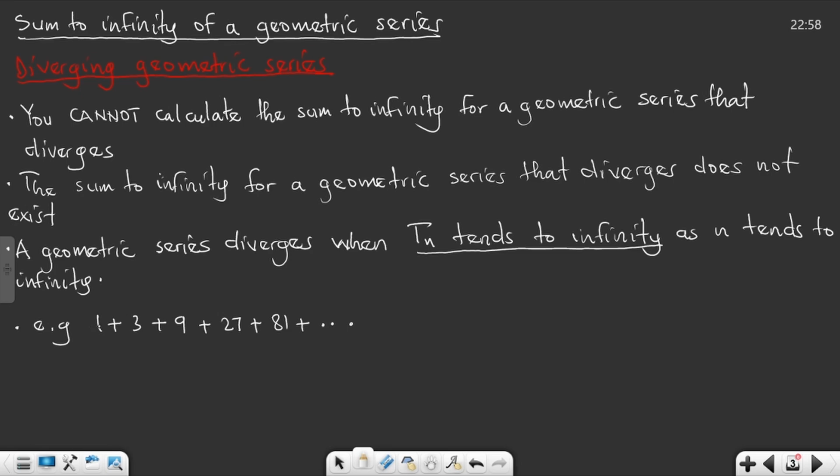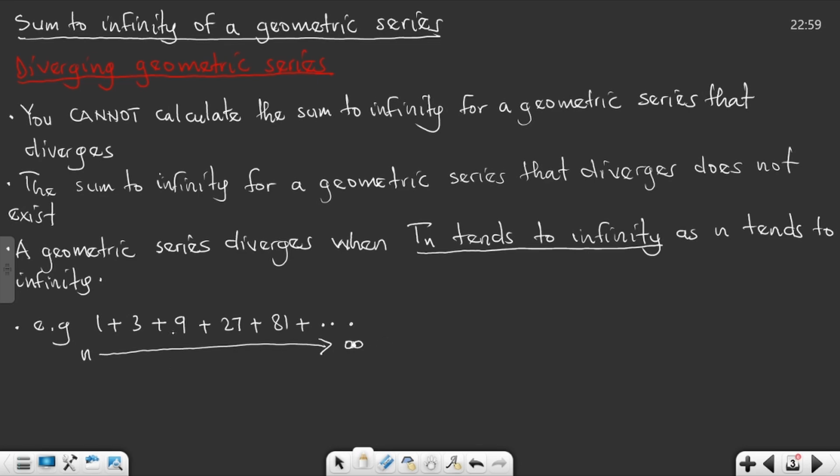So this is n equal to 1, n equal to 2, n equal to 3, and so on. Remember, n represents the position of the term. So n tends to infinity. And this is the symbol for infinity.